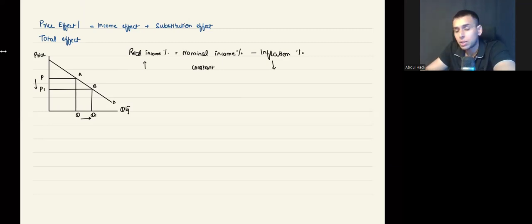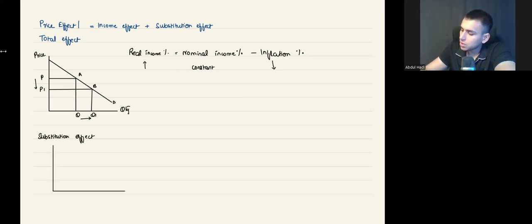Now let's talk about substitution effect. This is a normal indifference curve in front of you, with good Y and good X. What does this indifference curve tell you?